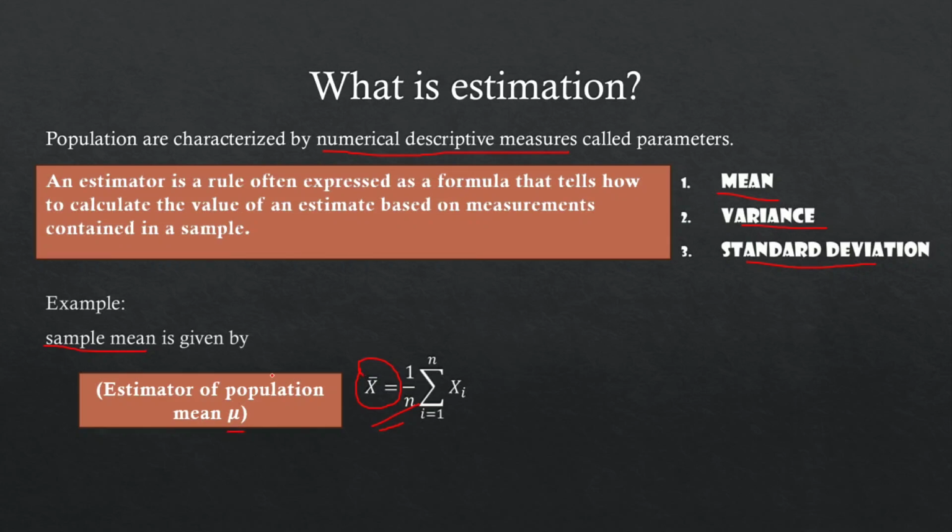Now we give the definition of an estimator as: an estimator is a rule, often expressed as a formula, that tells how to calculate the value of an estimate based on measurements contained in the sample. So basically we applied the formula of sample mean and we obtained the value of the estimator.